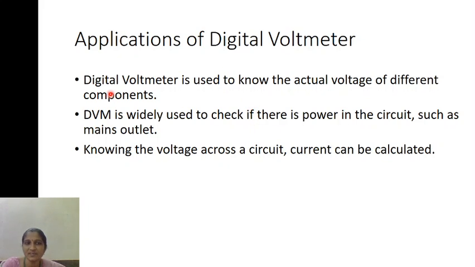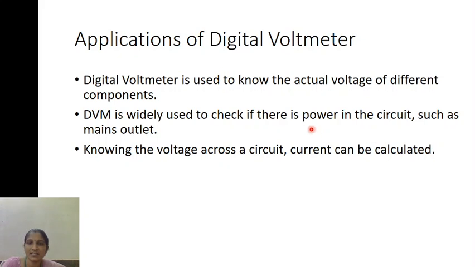voltmeters. The applications of digital voltmeters are: a digital voltmeter is used to know the actual voltage of the different components, and it is widely used to check if there is power in the circuit, such as a mains outlet. If the voltage is known, we can also calculate the current.